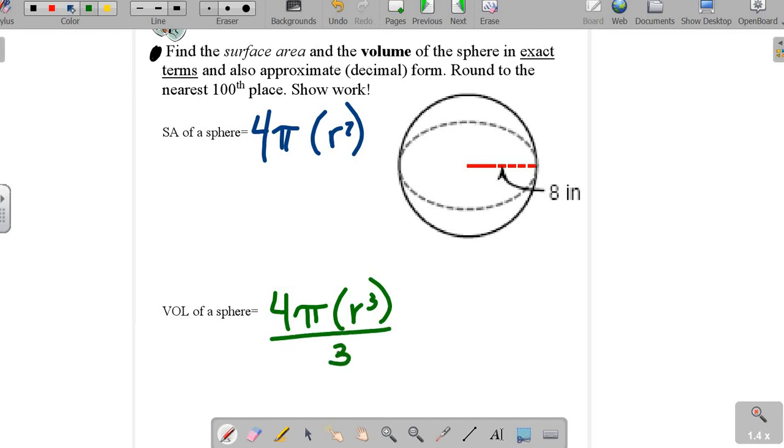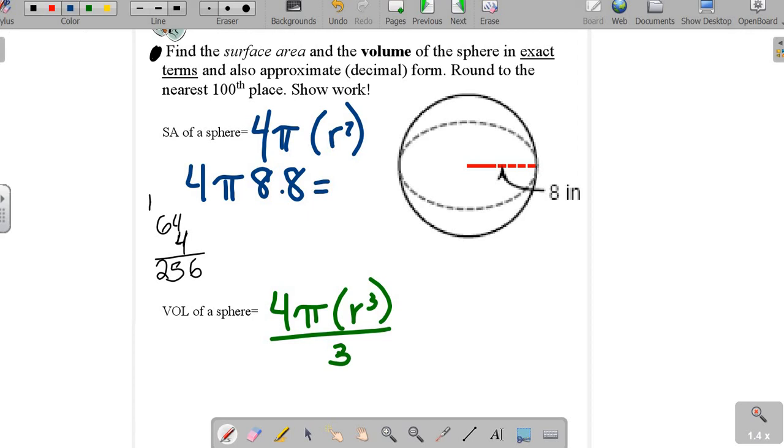So when we come here, surface area is going to be 4 pi r squared. So it's going to be 4 pi 8 times 8. So that's basically going to be 64 times 4. Try to avoid calculators for single-digit multiplication. Exercise that third grade math. 6 times 4 is 24, so that's going to be 256.